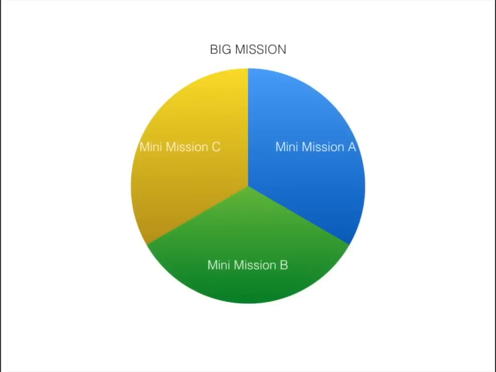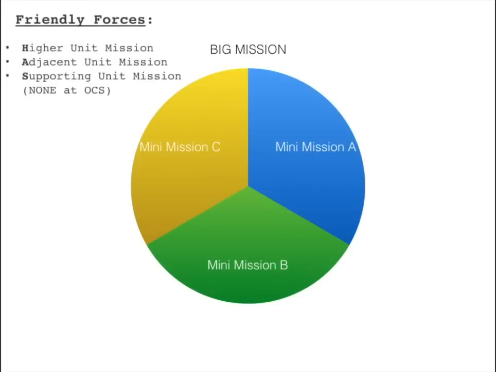So remember the acronym HAS from Friendly Forces? The H of HAS, the higher unit mission, is the big mission. This is the overall mission that everyone is working together to accomplish. Now let's talk about the A in HAS, which is adjacent unit mission. Let's say your fire team is in charge of mini mission A in blue.